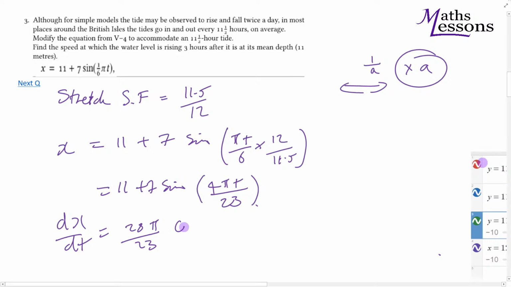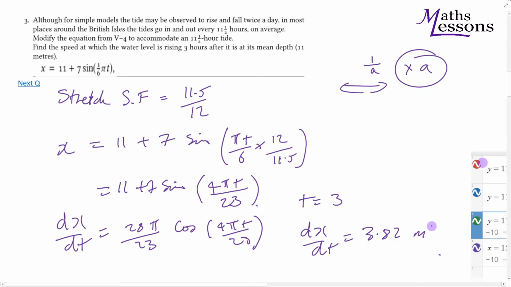The sine will go to cos. And we've got 4 pi t over 23 inside. And all we do is we just got to put in when t equals 3. So put t equals 3 into that, shove it all into your calculator, and you'll get dx by dt is equal to 3.82 meters per hour.